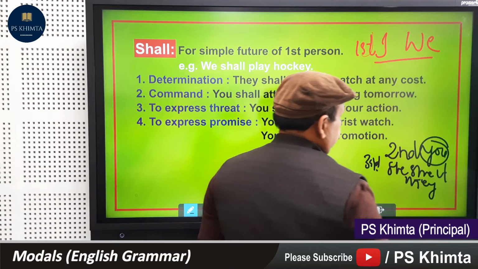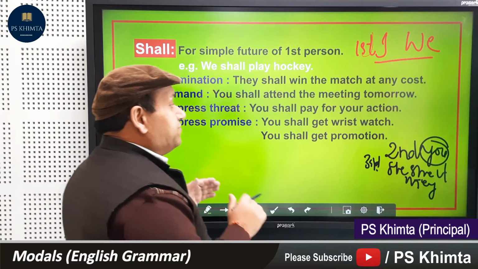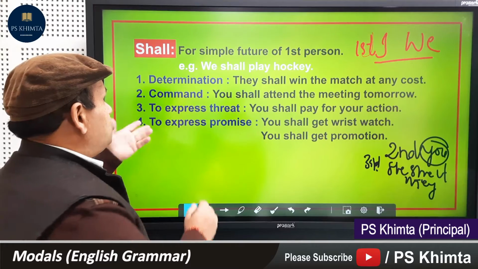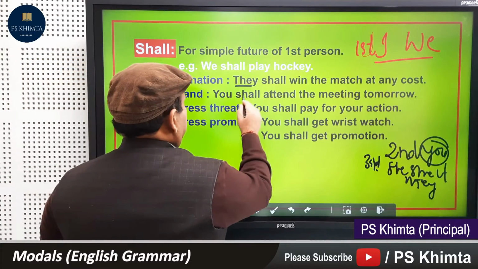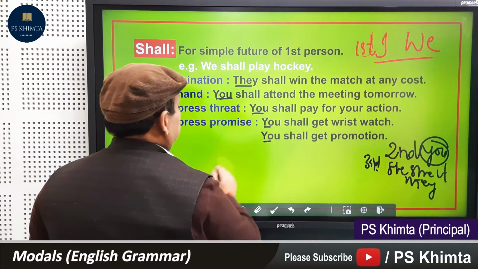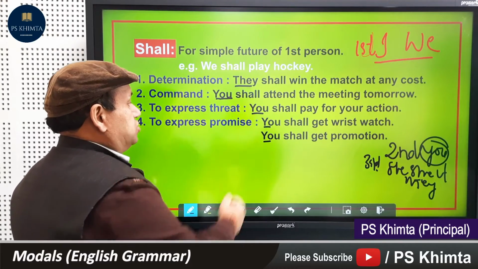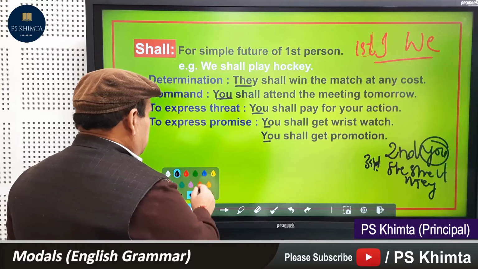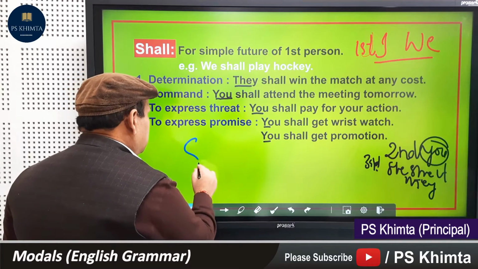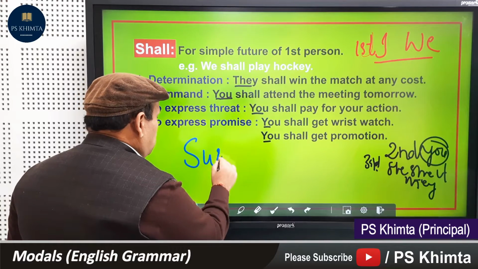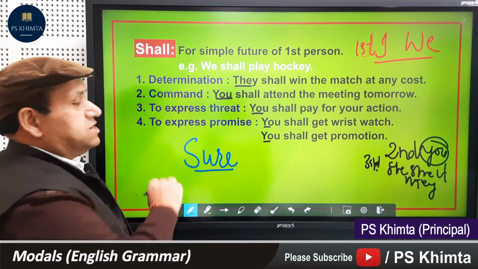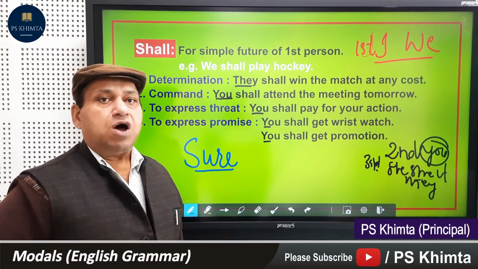We also have seen the use of shall with the second and third person. Now see here, it is shall with second person and third person. This is you, second person. So the use is going to be opposite. What is the reason why it goes opposite? The simple reason is that when there is something like this word sure, when something is sure in this sentence, we use it opposite.